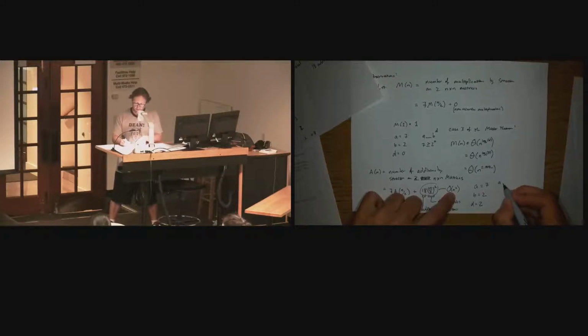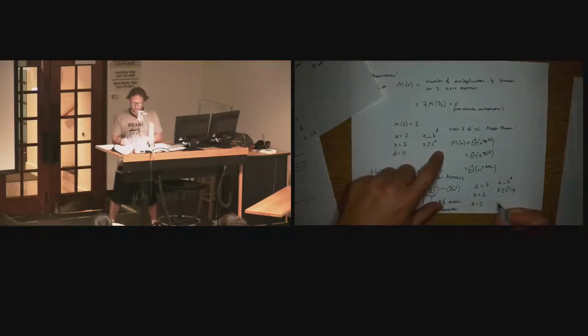And a versus b to the d: now we've got 7 versus 2 squared, which is equal to 4. We still have the same exact case as before. By case 3, we get that the number of additions is going to be theta n to the log base b of a. Log base b of a is exactly the same as before, 2.807.